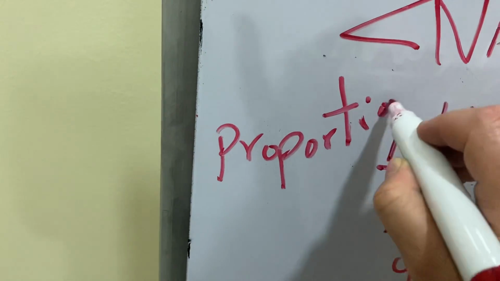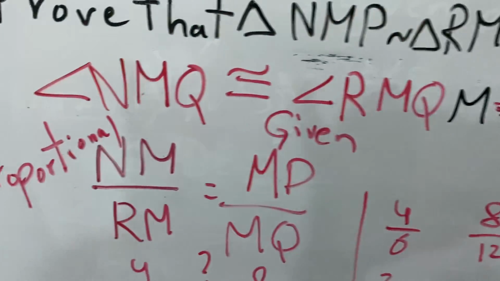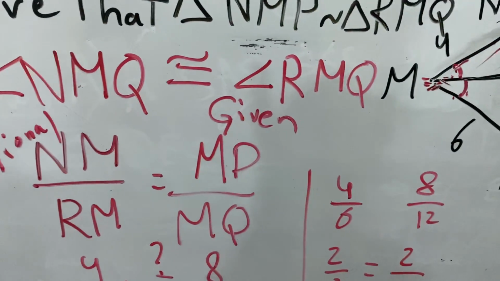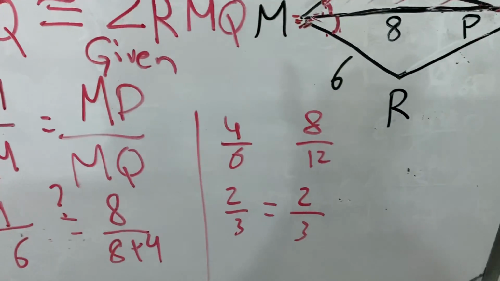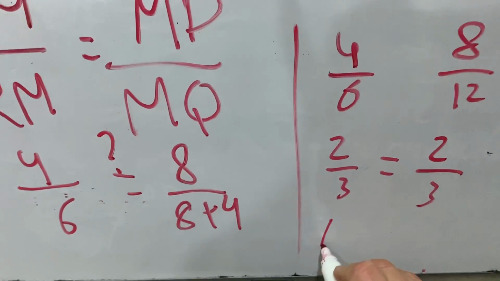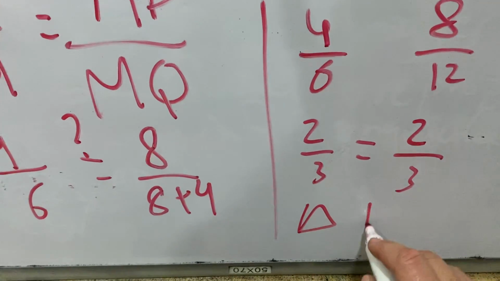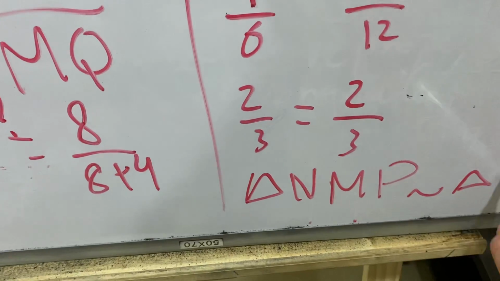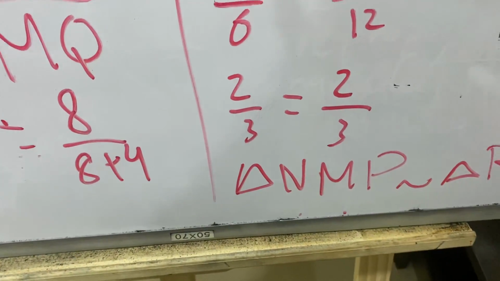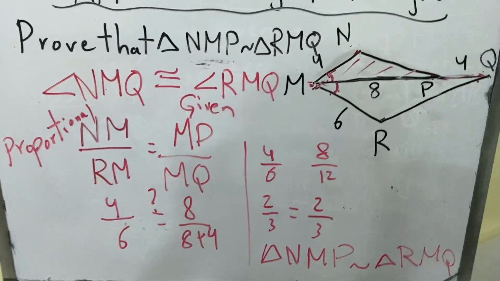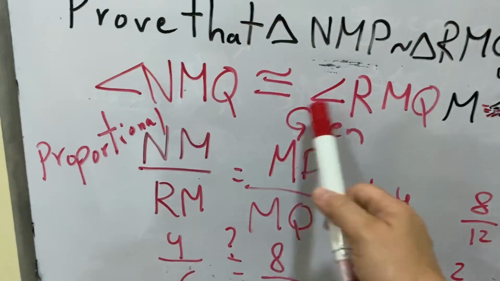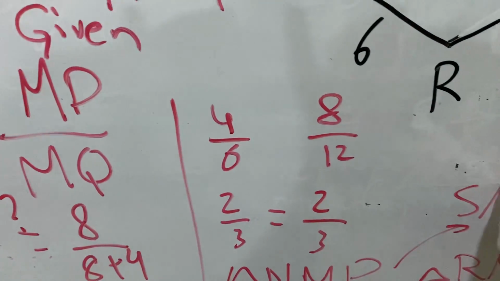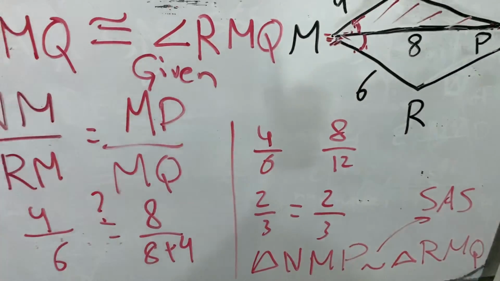Now if the sides are proportional to each other and I have one included angle congruent between the proportional sides, can I say that the two triangles are similar? Yes. Then I will say that triangle NMB is similar to triangle RMQ. Again, what we did: I have an angle congruent, and I used side, angle, side similarity.